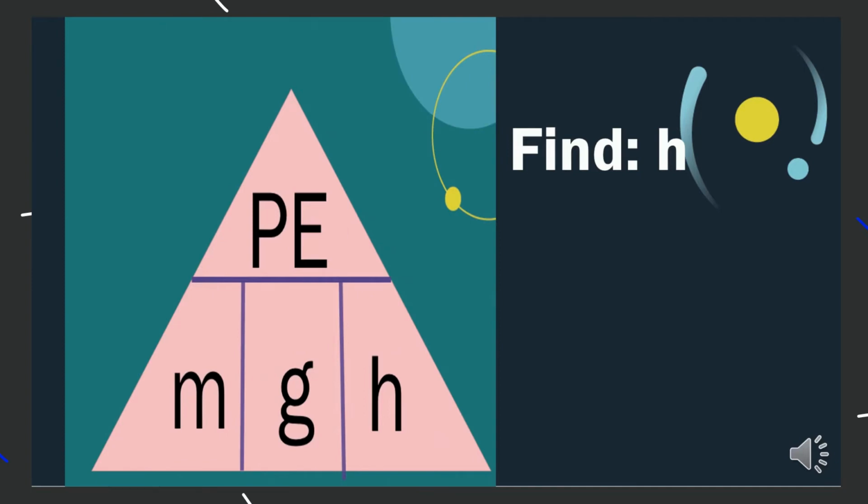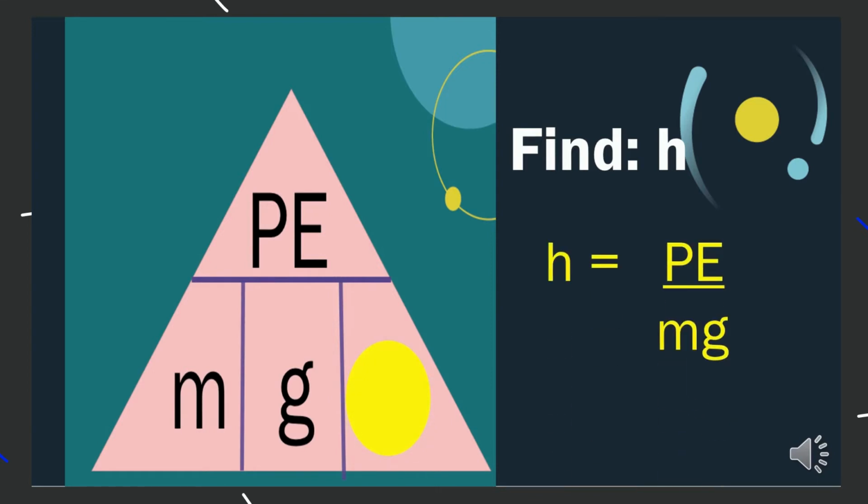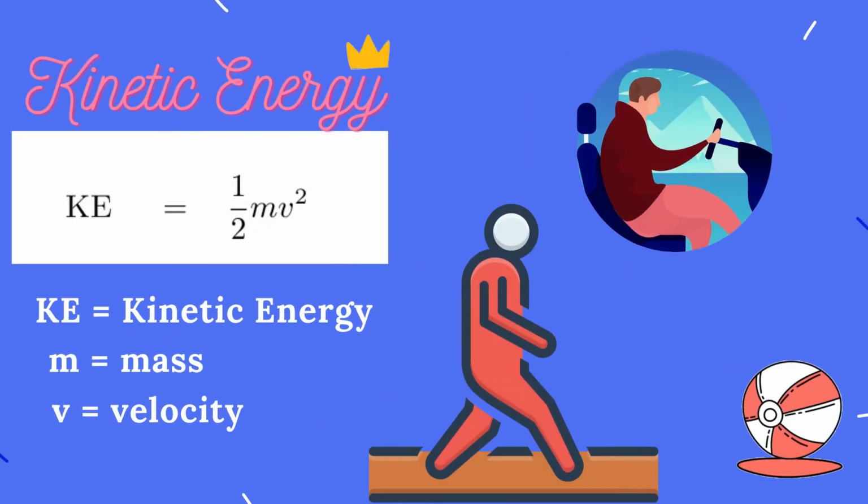And for finding the height. The formula for kinetic energy is KE is equal to 1/2 mv squared, wherein KE is equal to kinetic energy, m is equal to mass, and v is equal to velocity.